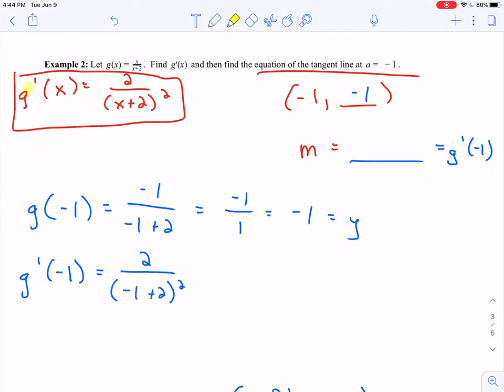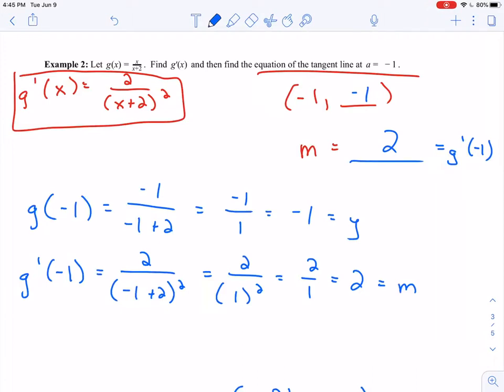Again, I'm looking at this derivative that I just found. I'm now using it to tell me the slope of the tangent line. This is 2 over +1 squared, 2 over 1. This is 2, which is my slope. That's m. So m equals 2. That's my slope of the tangent line.